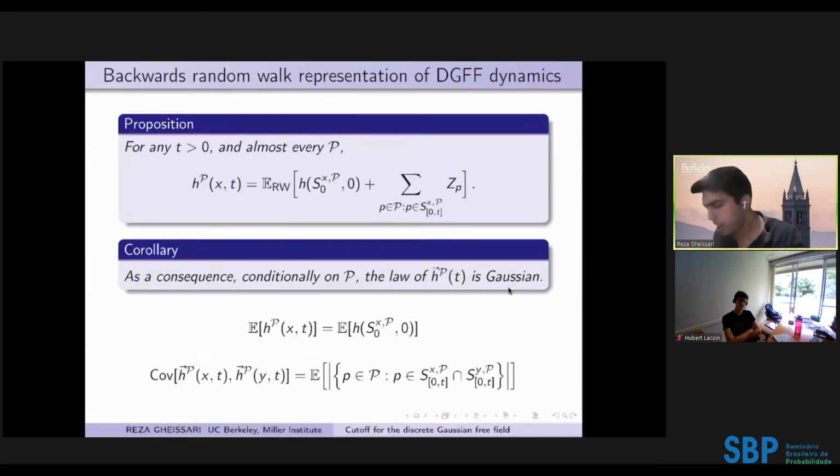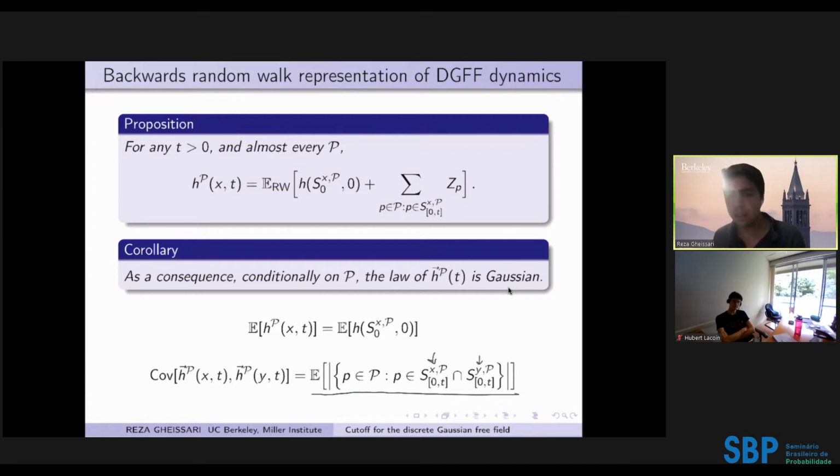For the covariance, if you think about it a little, one sees that the covariance is given to you by the intersection time, where time is measured by number of clock rings. So the number of clock rings shared by the random walk started at x and the random walk started at y.